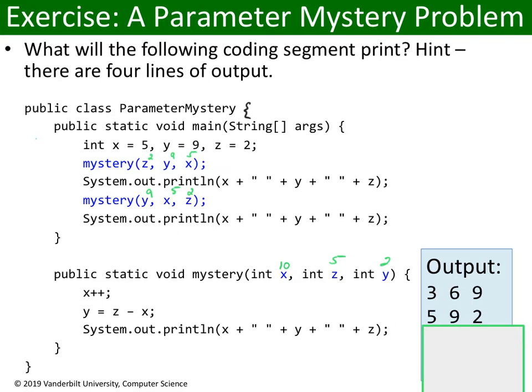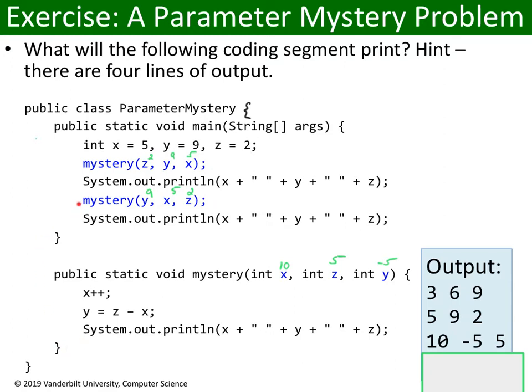Z minus x is -5, so y is assigned the value -5, and then we will print 10 space -5 space 5. So let's check our output and make sure that we got that right. Yes, 10, -5, 5.